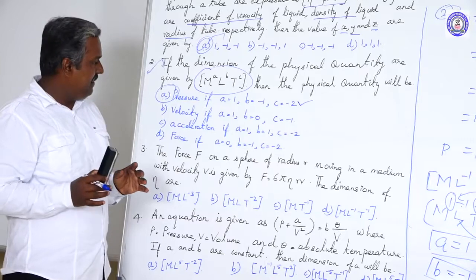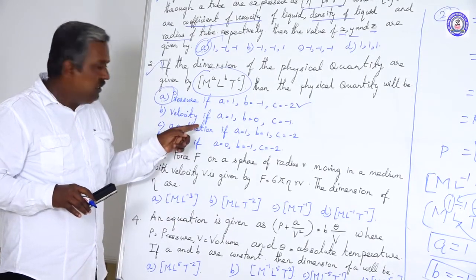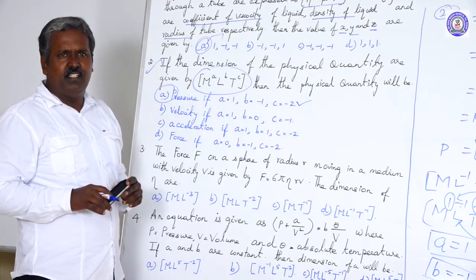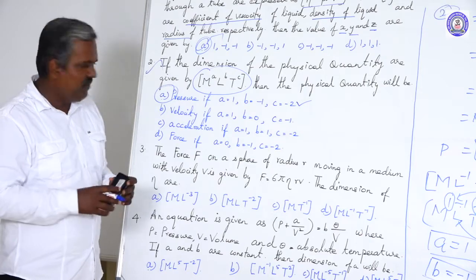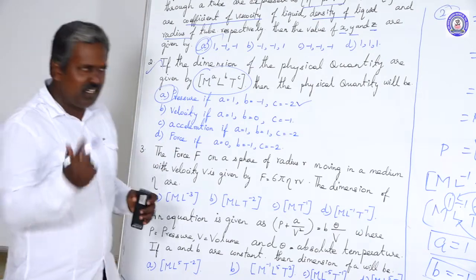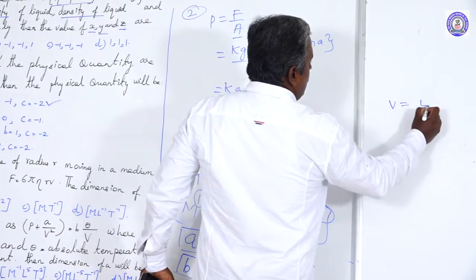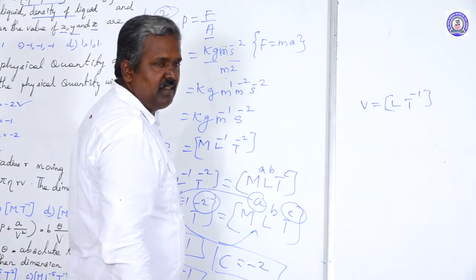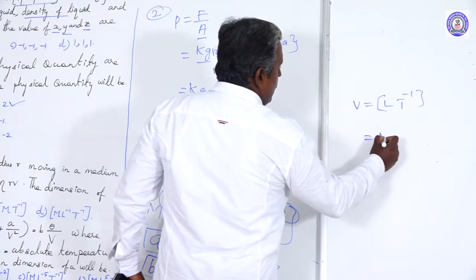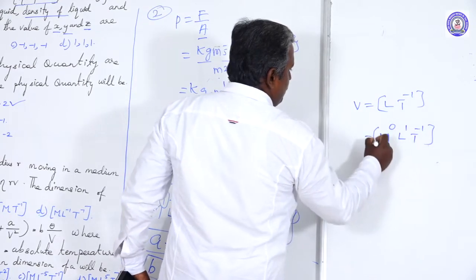Like this, we can check for another 3 options also. But here no need. Try yourself. For velocity, V is equal to length by time, dimensional formula M power 0, L power 1, T power minus 1.